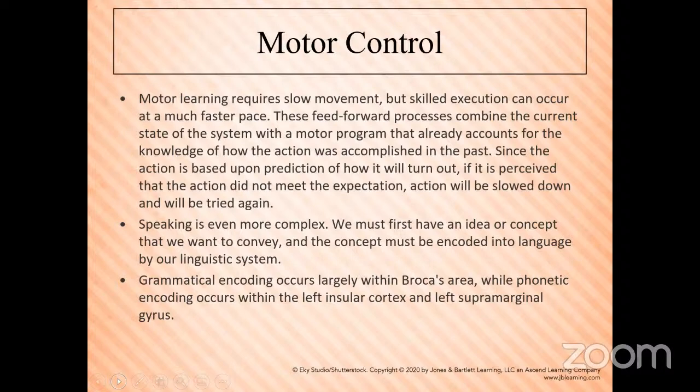These feed-forward processes combine the current state of the system with a motor program that already accounts for the knowledge. These are the memories of how it will turn. Speaking is even more complex.